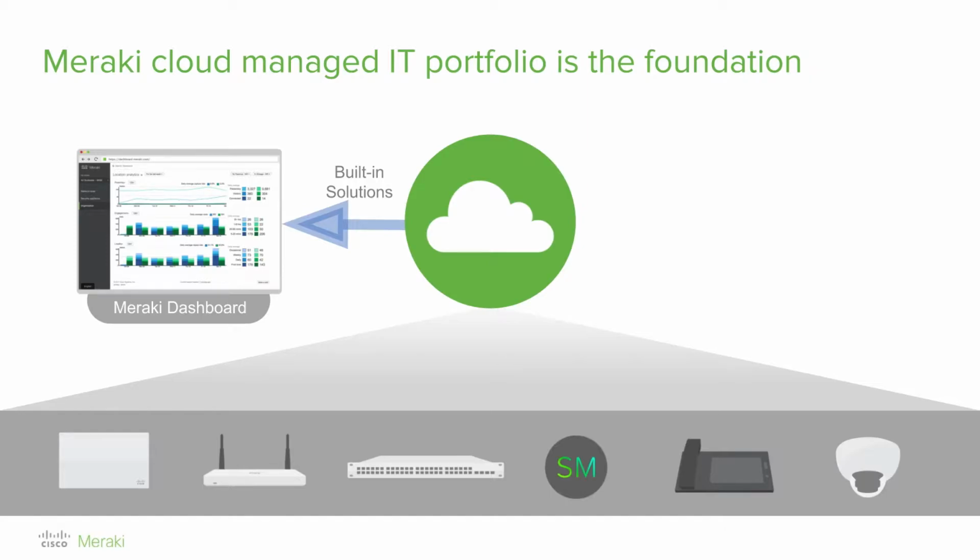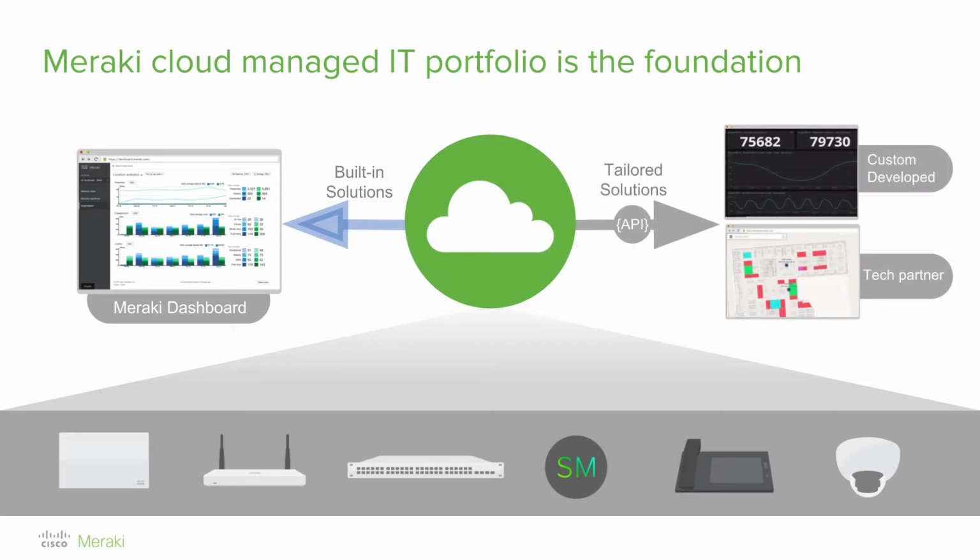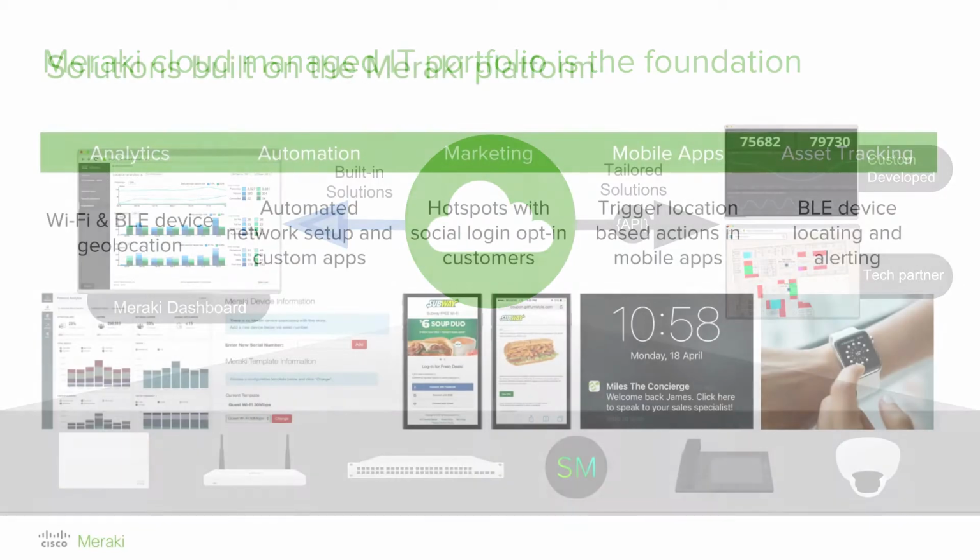That's the core of our product, the ability to manage all of your IT equipment in a single cloud-based dashboard. That's great. However, there are custom solutions tailored to industry-specific areas. We have customers who have built their own solutions and technology partners who can offer turnkey solutions to add on top of your Meraki solution. And this is why Meraki is a platform for partners and customers to build upon.